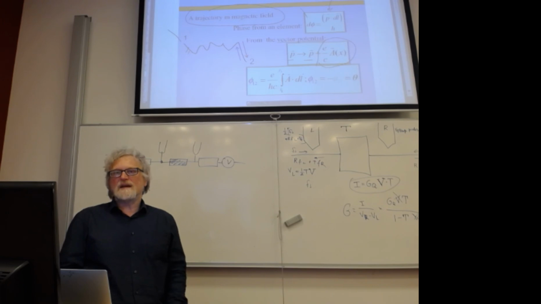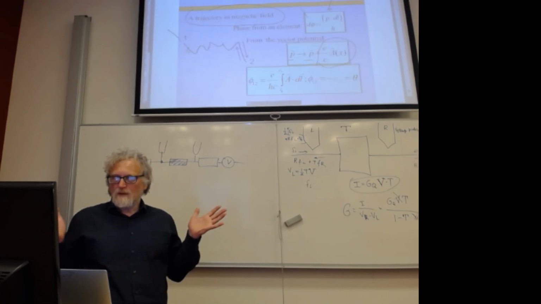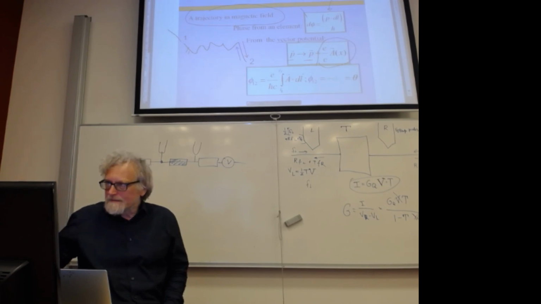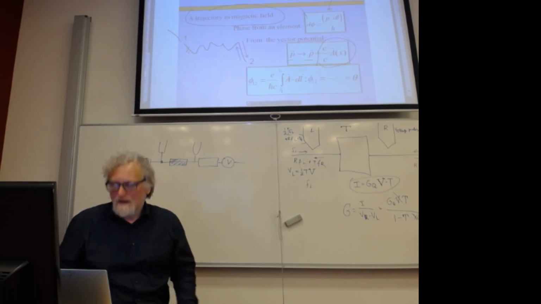So we see that the vector potential, which is proportional to the magnetic field, provides phase shifts. These phase shifts are opposite for two opposite directions. You can already see that from the fact that they're proportional to the magnetic field, which changes sign upon time reversal. Right?